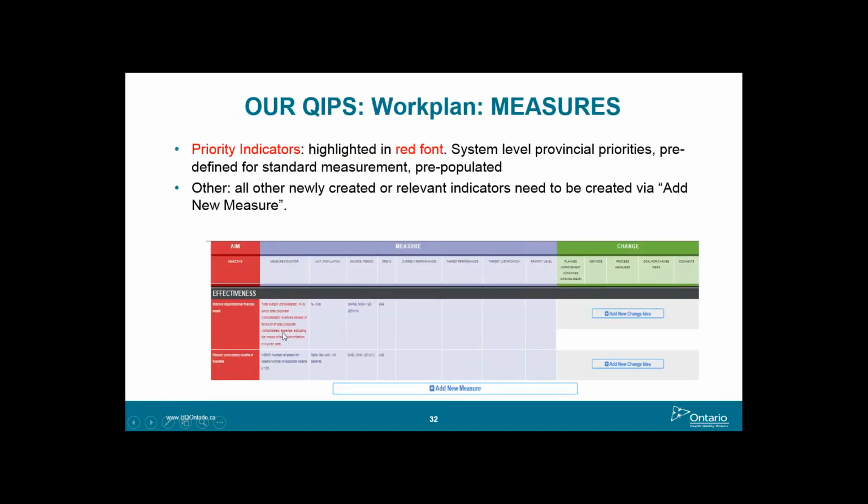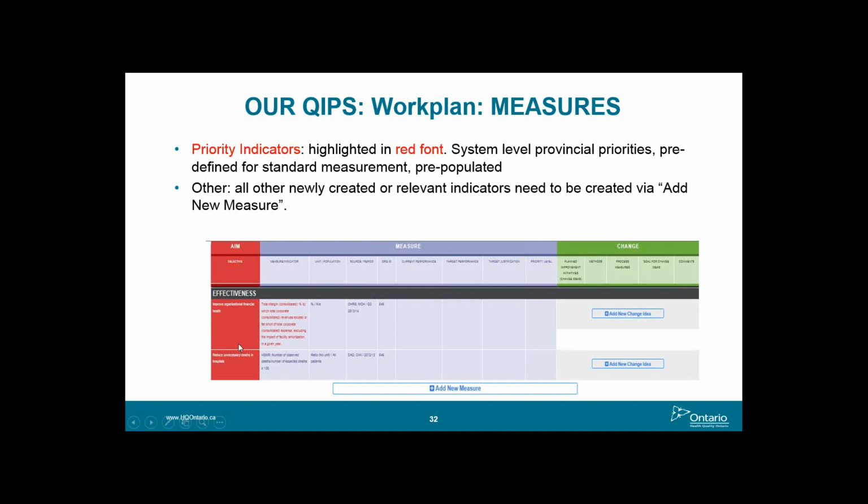You'll see the priority indicators. When you look at this, they are all listed in red. For CPACs, all 6 are priority indicators. They're pre-defined, there's standard measurement, and they're expected to be a focus for you as an organization.